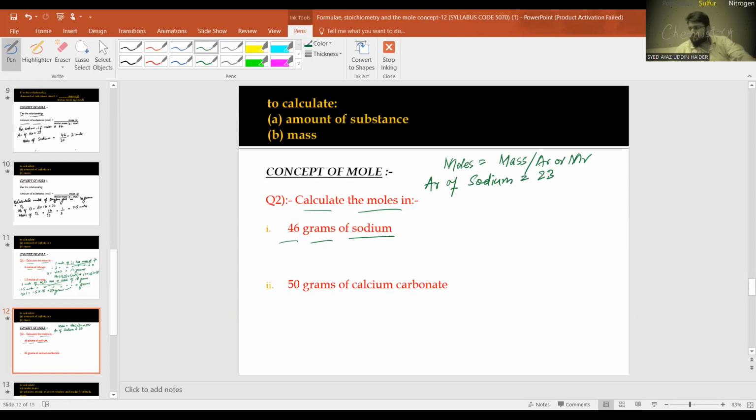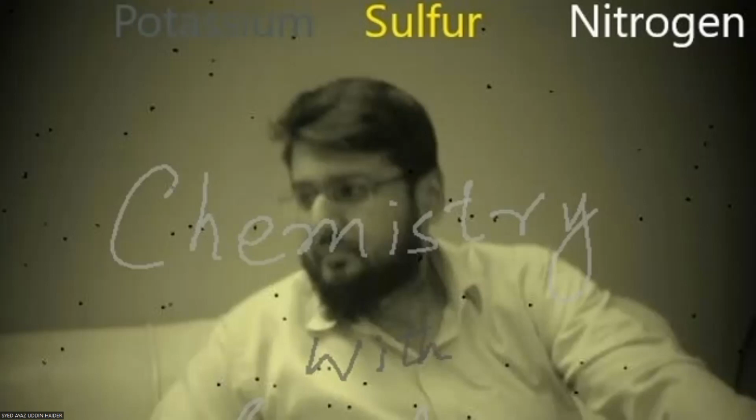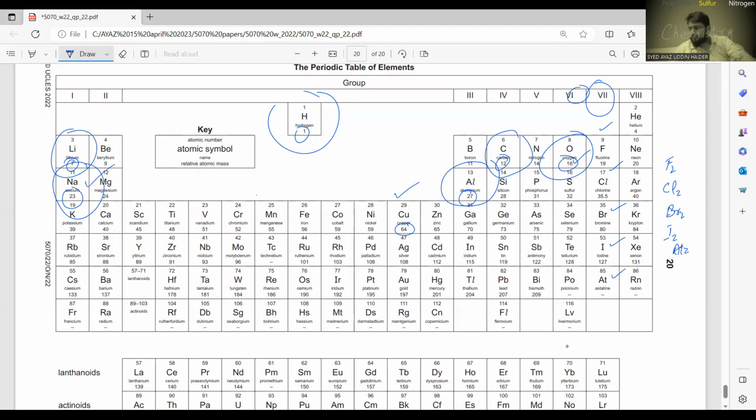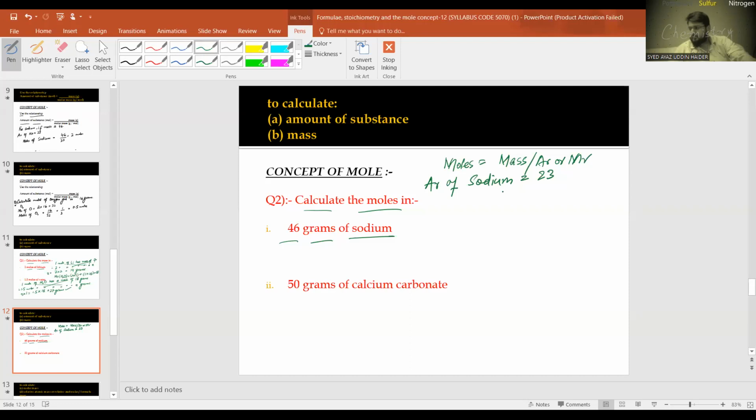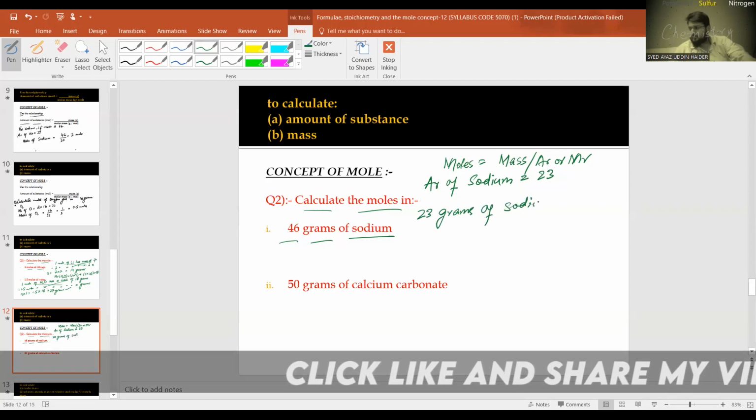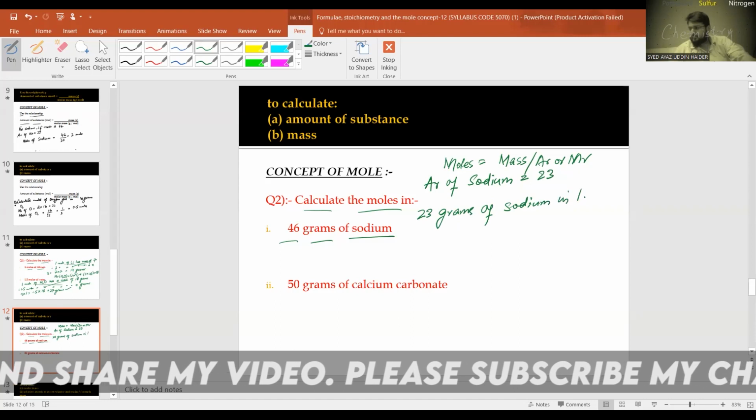You will find it out by looking at the sodium in the periodic table. Here we have sodium. So AR of sodium is 23. So you will write 23 grams. Don't write only 23. 23 grams of sodium in 1 mole.